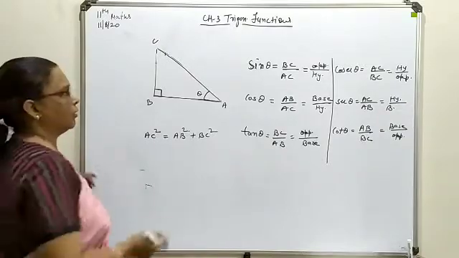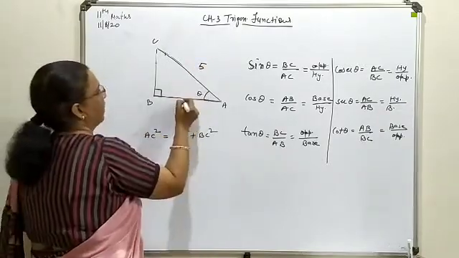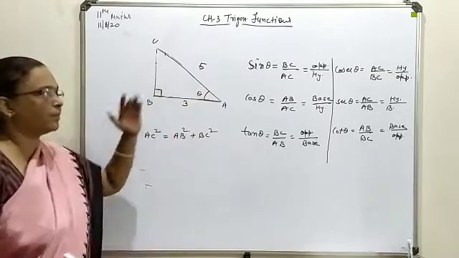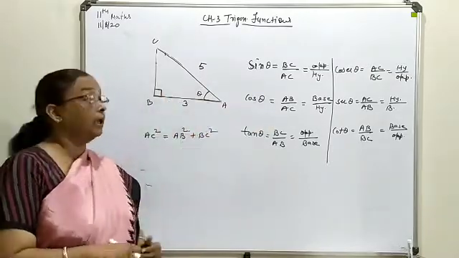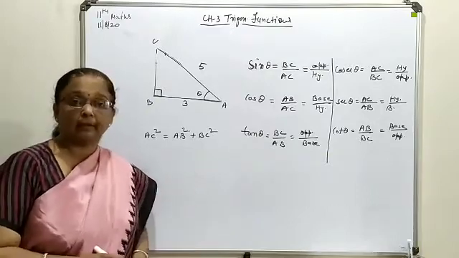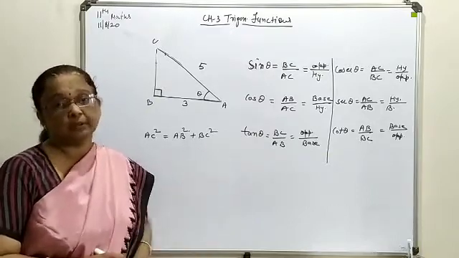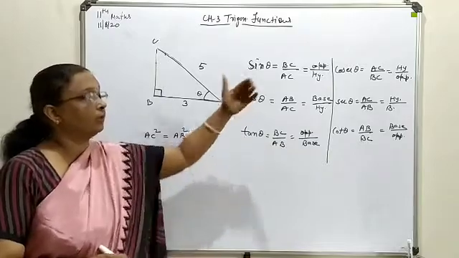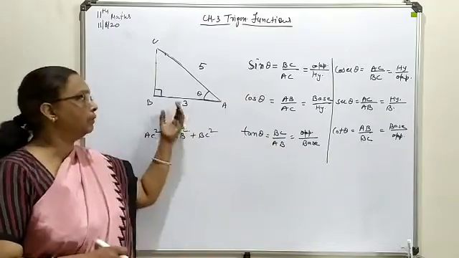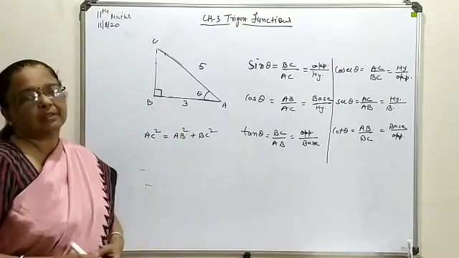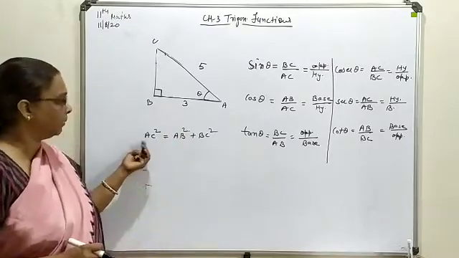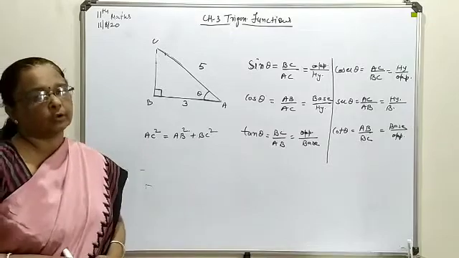Suppose in any question the hypotenuse is available as 5 and the base as 3. One ratio out of these 6 will be available in the question. So first of all you should be clear which ratio is available to you, and with respect to the term which parameters are available in the triangle. So 2 will be available, and obviously the third we have to find out. For that purpose we will use this Pythagoras relation.